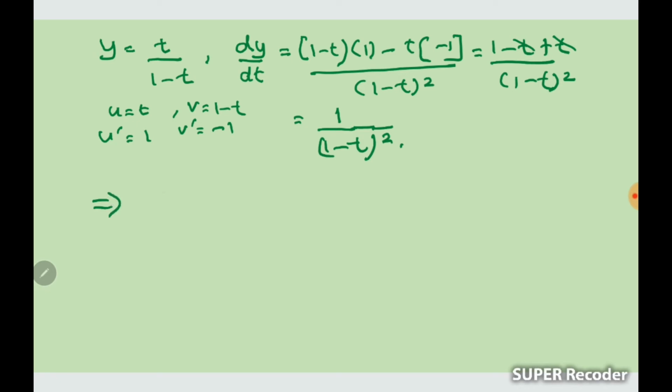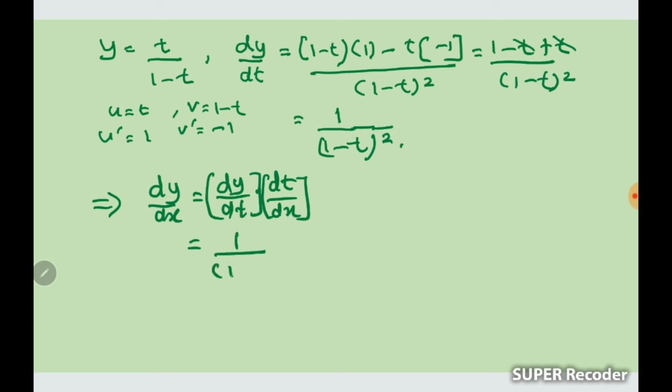Therefore, to get dy/dx, you have to find out what is dy/dt, and then you have to multiply with dt/dx. You have to multiply these two derivatives. So dy/dt is equal to 1 over (1 minus t) squared.